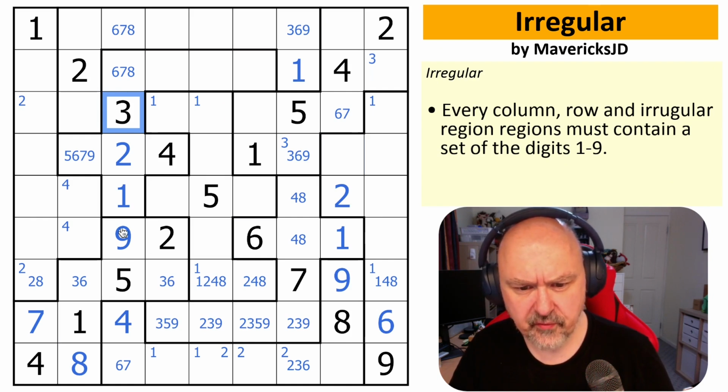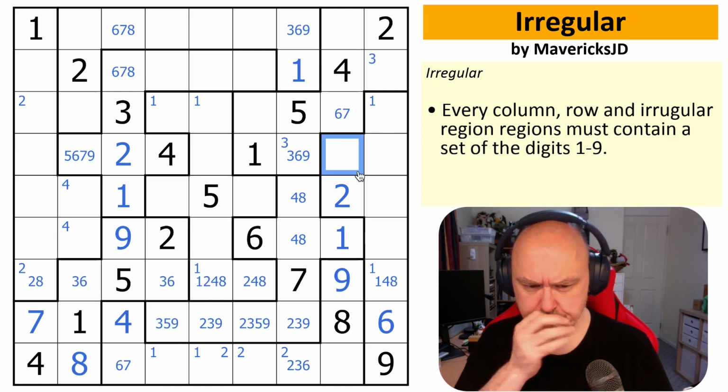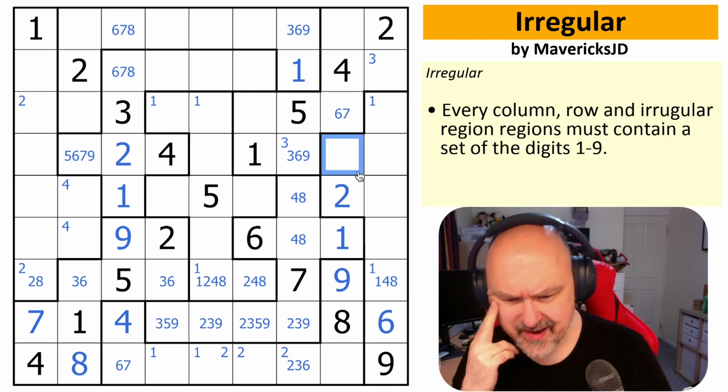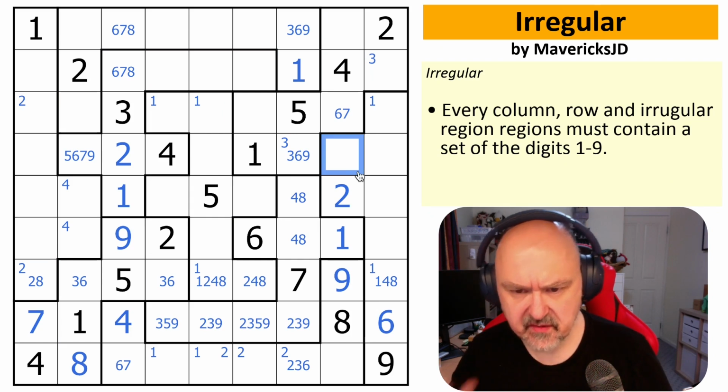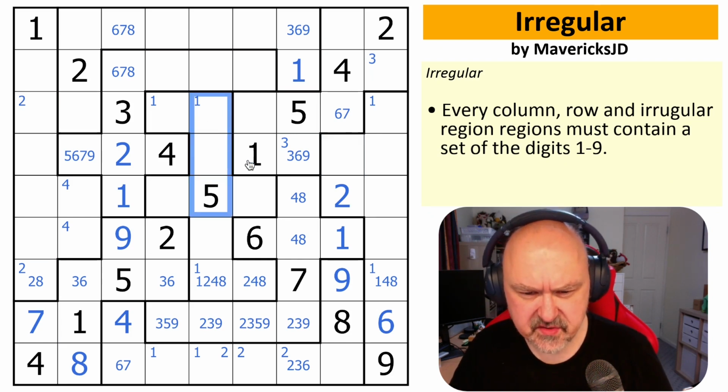I'm trying to look for other situations where I've got pointing stuff like that, and I'm not seeing it. Or everywhere I am seeing it, it's like these 5s, that's already in the same region as a 5, so it's not helping.